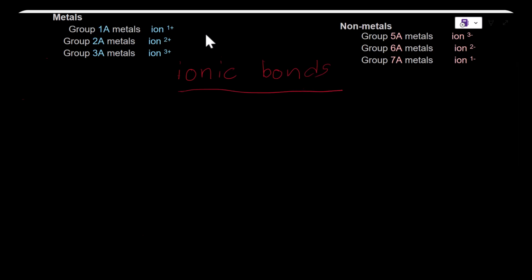At this point, I would like to illustrate how an ionic bond is formed. So we have a metal and a nonmetal. We know that metals lose electrons to form a cation, and nonmetals gain electrons to form an anion. So you can kind of guess what happens here.